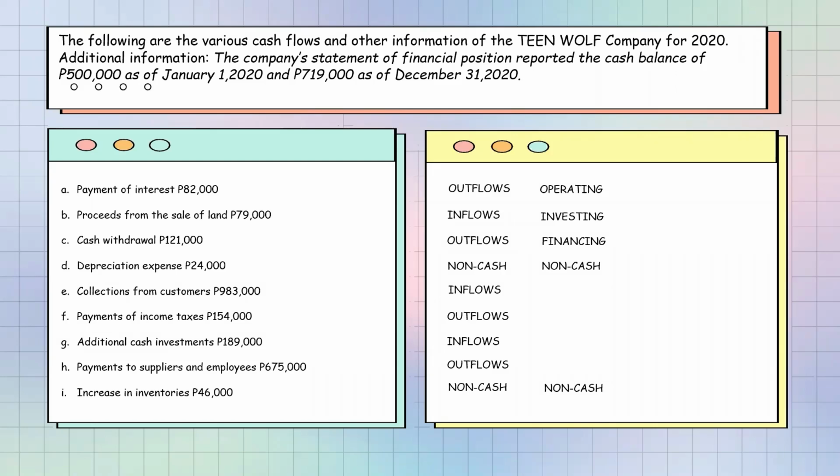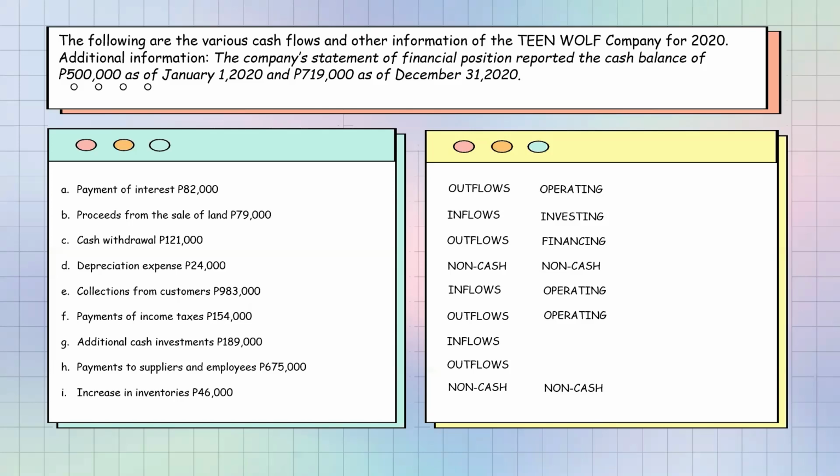So, direct hit niyan is under operating activity, kasi nasa cash inflow siya ng operating activity. Then, letter F, payment of income taxes. Yan naman ay part ng expense account. And then, yung expense account, sabi ko nga kanina, is under operating activities din siya.